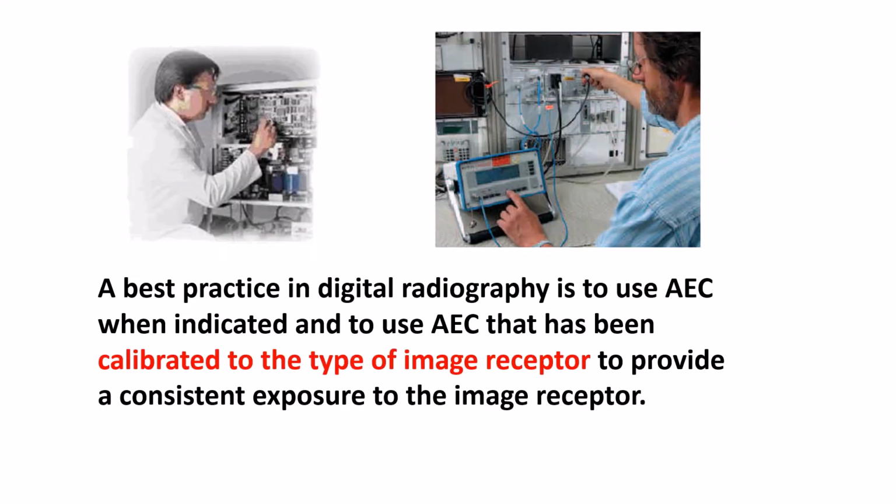A best practice in digital radiography is to use automatic exposure control when indicated, and to use the AEC that has been calibrated to the type of image receptor to provide a consistent exposure to the image receptor. We use manual technique when we have something like a total knee replacement or a different type of material that we need to go through than the AEC is expecting.